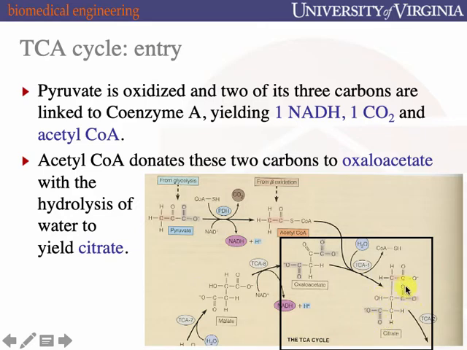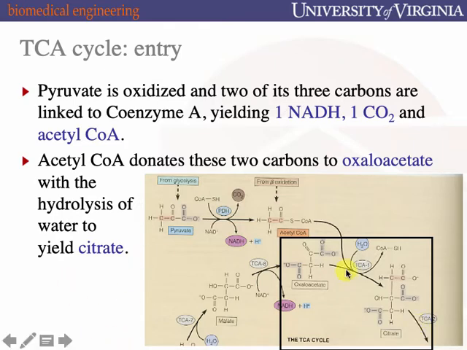So 2 carboxylic acids here that came from oxaloacetate, and now the additional acetyl group transferred over as an acetic acid onto the oxaloacetate to yield citrate. So 1 carboxylic acid, 2, and 3. This takes water for it to accomplish. This step is also irreversible, subject to allosteric control.